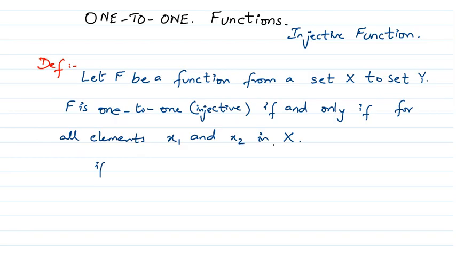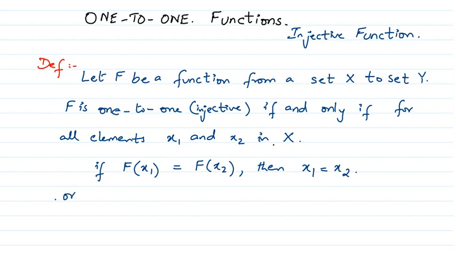if f of x1, what is meant by f of x1? That is the value of the function at x1, is equal to f of x2, the value of the function at x2. If they are the same, then this should imply that the elements x1 and x2 were the same.